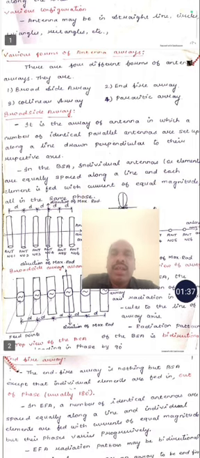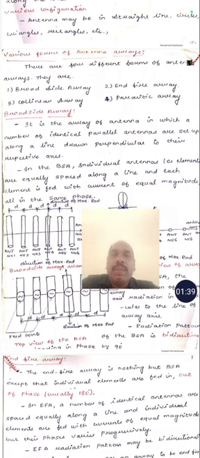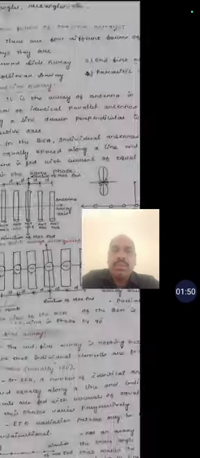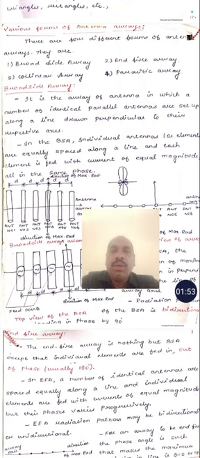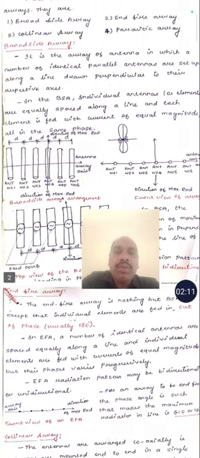The broadside array has maximum radiation in the two desired directions, 90 degrees and 270 degrees. At 0 degrees and 180 degrees there is minimum radiation, that is the minor lobe. The major lobe is only for 90 degrees and 270 degrees.